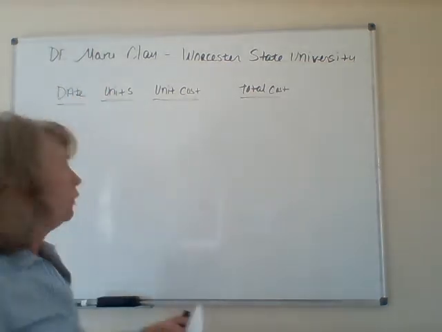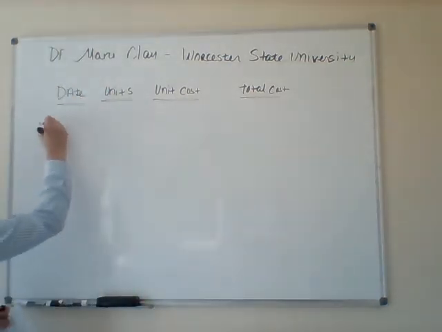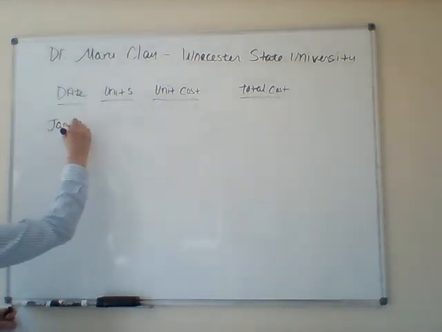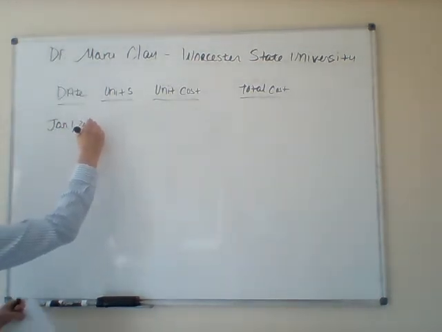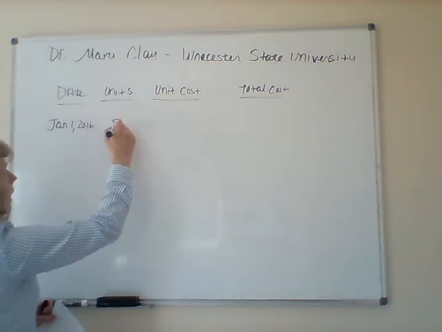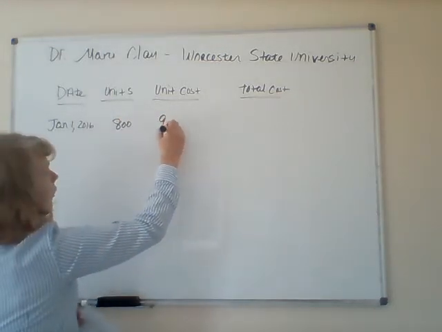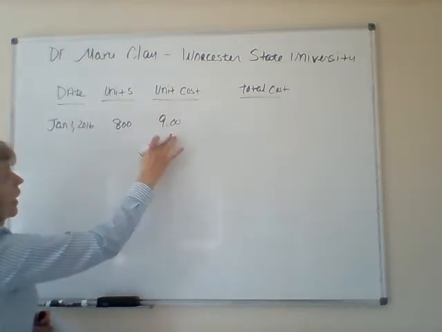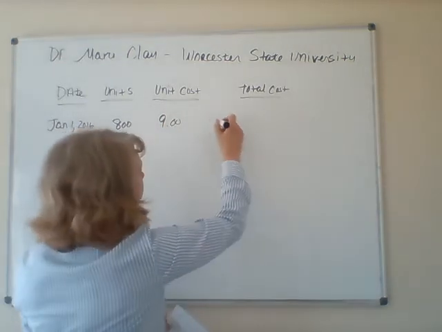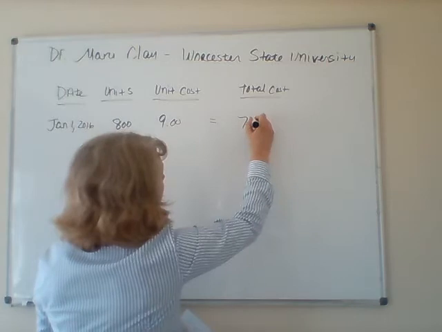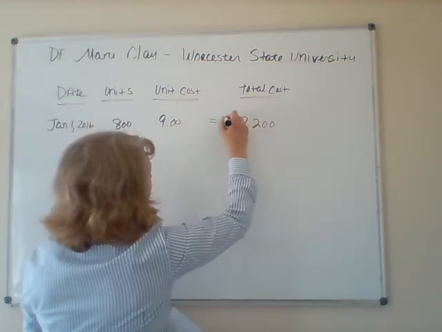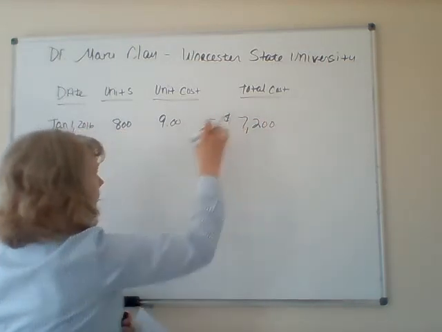All right, January 1st, 2016. The beginning inventory had 800 units. The unit cost was $9. You just multiply this across, and that equals 7,200. That's a dollar figure, right?